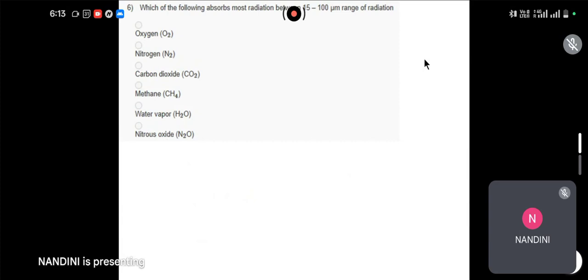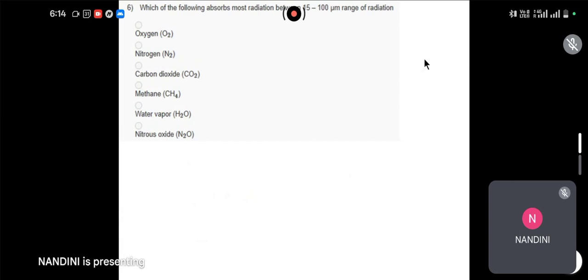Now, the next question: which of the following absorbs most radiation between the 15 to 100 micrometer range? As we were discussing, different molecules have different frequencies of vibration, and when the frequency of vibration of the molecule matches the frequency of the electromagnetic radiation interacting with it, absorption takes place.